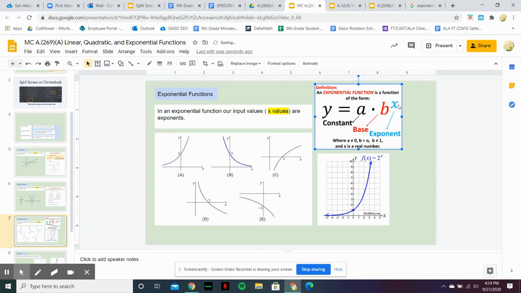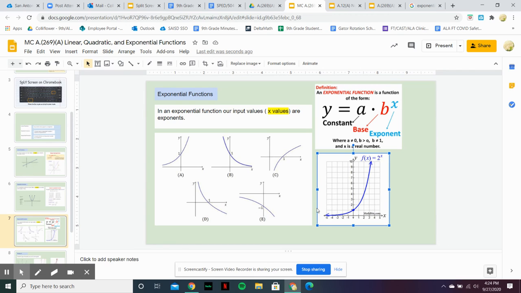But our input value, which is the x, is actually in the exponent. So here is a good example of that. We have this function f of x equals 2 to the power of x. So every time we input an x value, we are doing 2 to the power of that value.